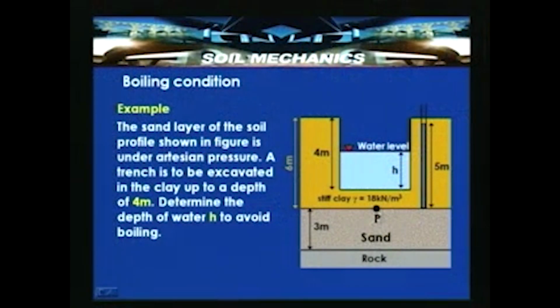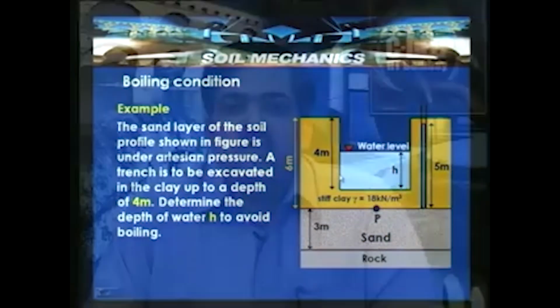As long as this excavation is not there, this pressure is not adequate to induce a failure. But when we excavate for installing underground utilities or so, then these failures can take place in 2 to 3 hours' time.